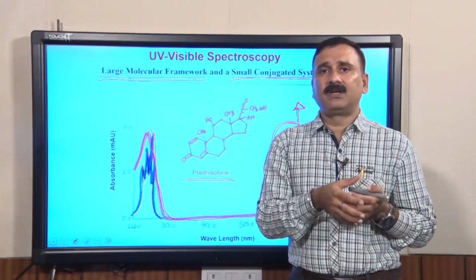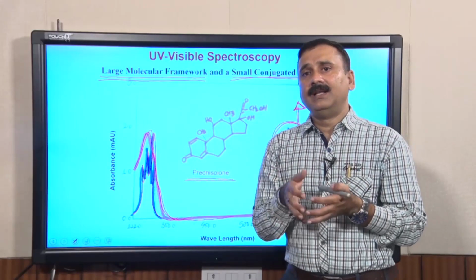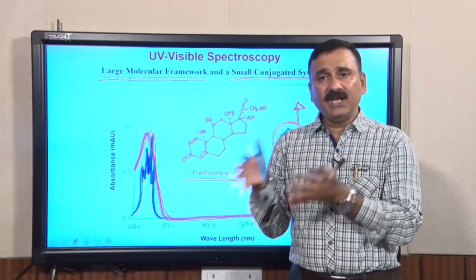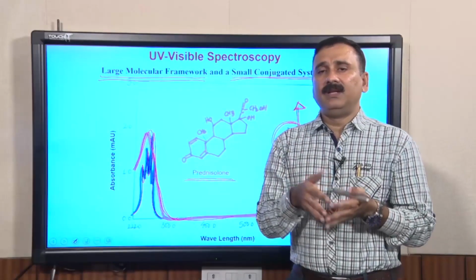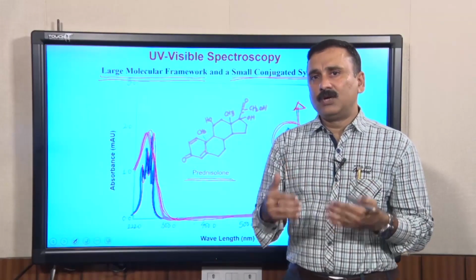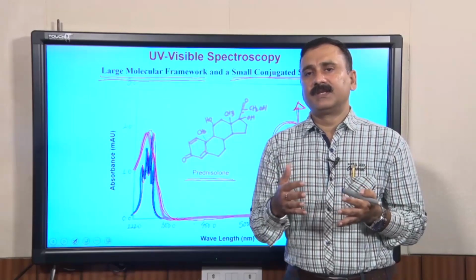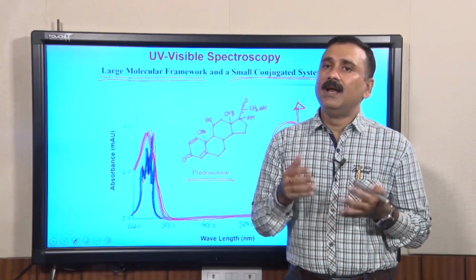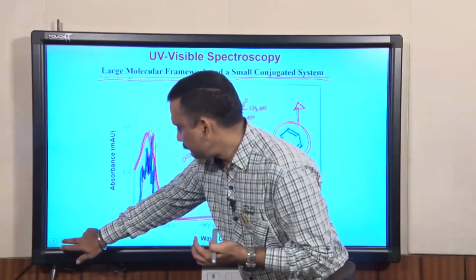That could be an indication that the molecule is being derivatized or changed, and it might be the right molecule you are looking for. With this we would like to move on and discuss the next spectroscopy technique, that is called IR spectroscopy.